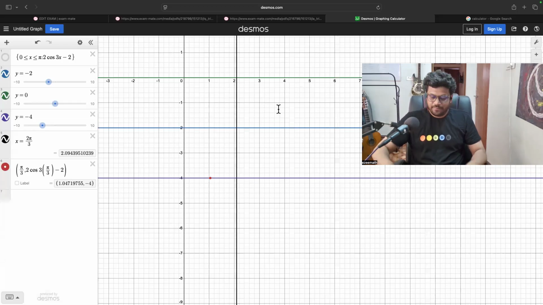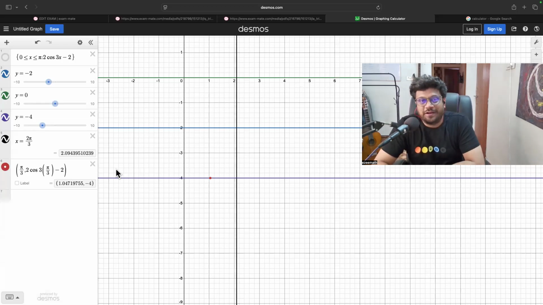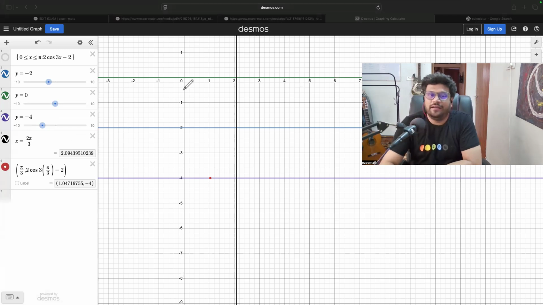Well, the thing that you would want to remember about cosine curves is that they would always start at the highest point when x is a 0. Remember, when sine was supposed to be sketched, I started at the principal axis when x was a 0. This is where I would start.